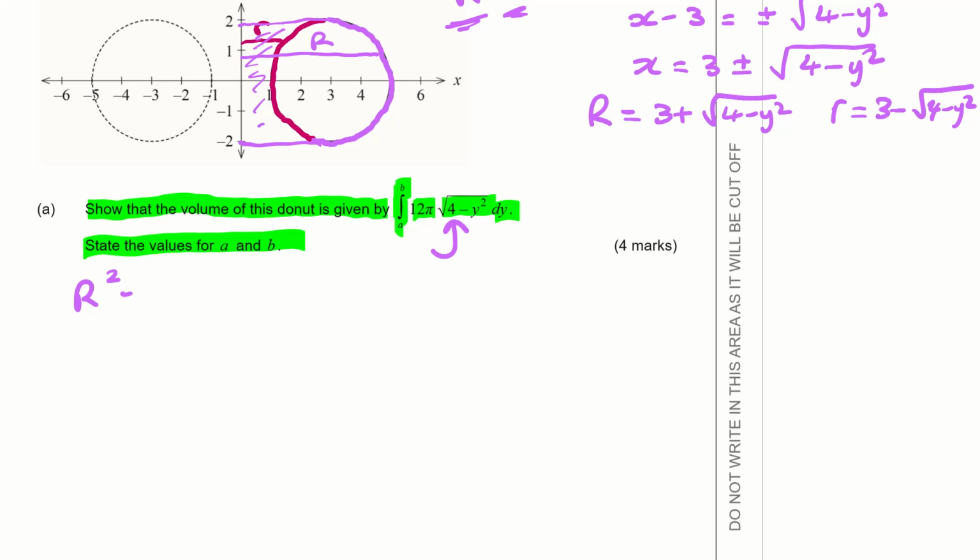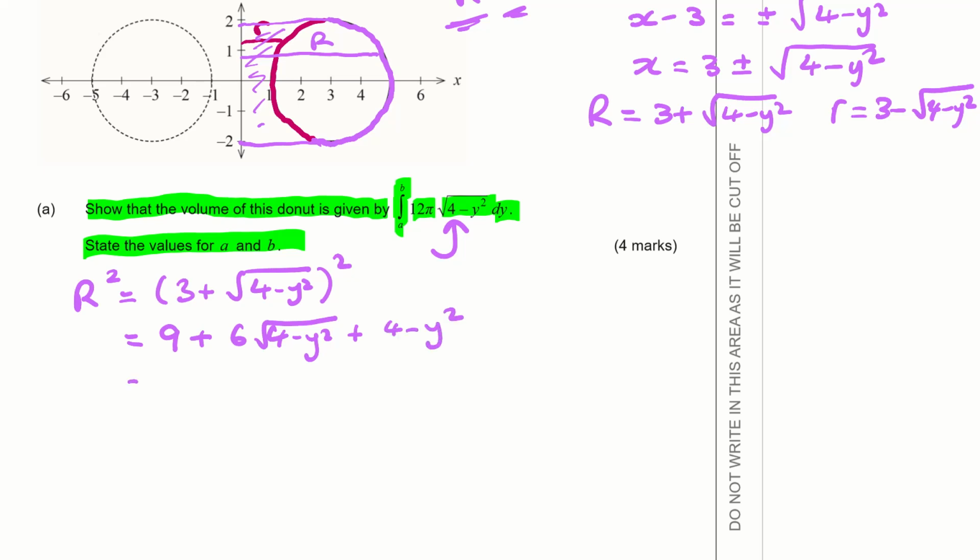R squared would be (3 + √(4 − y²))², and if we expand that, we get 9 + 6√(4 − y²) + 4 − y², which gives 13 + 6√(4 − y²) − y².